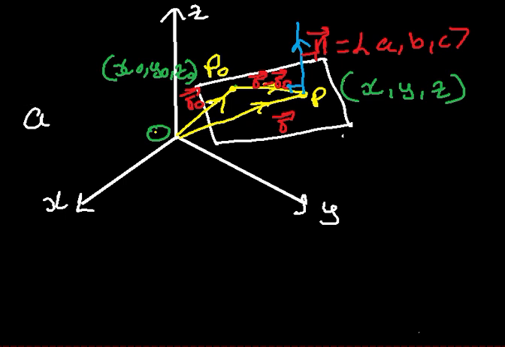Now in that case, we'll have a normal vector n dot the vector r minus the vector r naught, and that will be equal to 0.